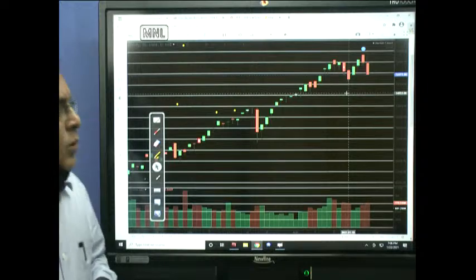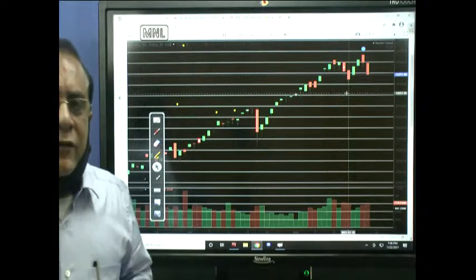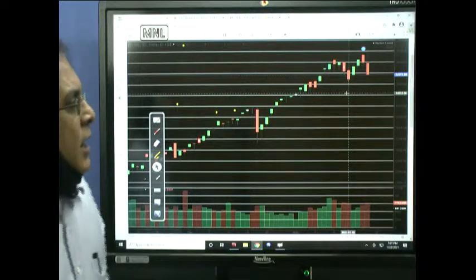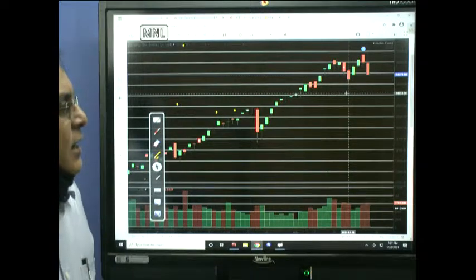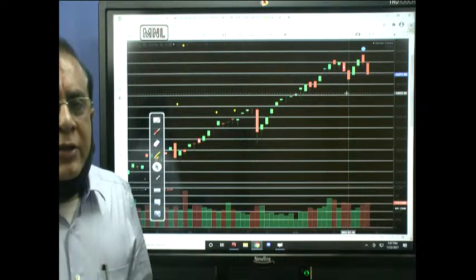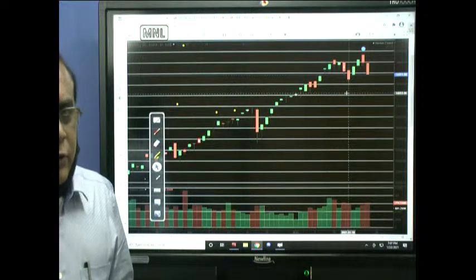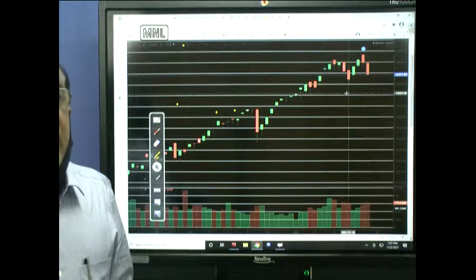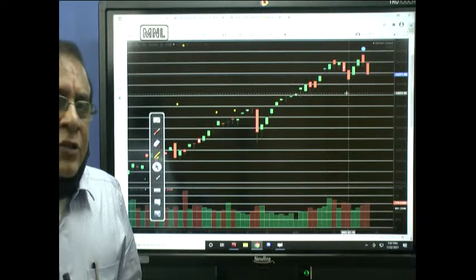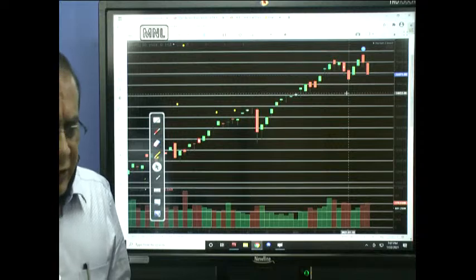So 14,200 we should look at as a very important support, and a break below that can take it a little lower. If we look at 14,200 approximately as an important support from the chart position, let us see whether that particular 14,200 is being confirmed through open interest.